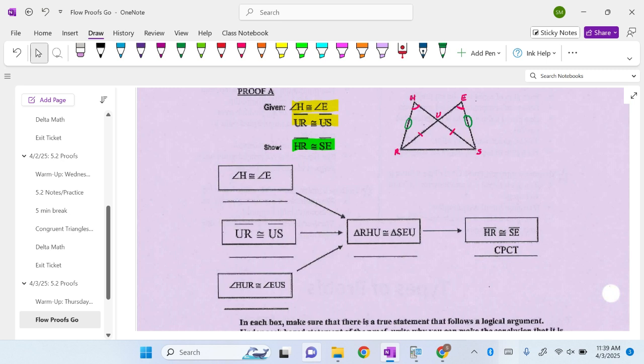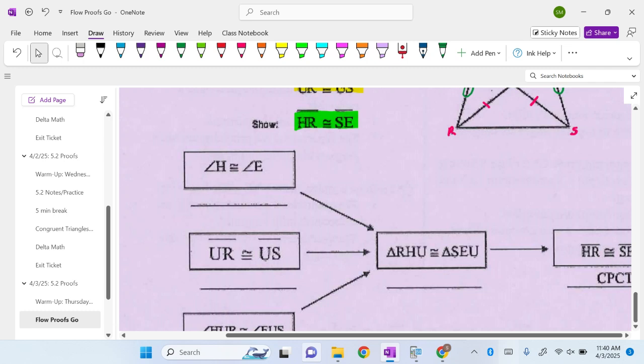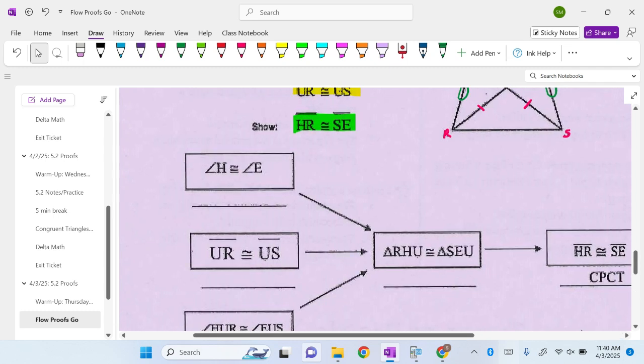All right. So in other words, it looks like we got to prove that these two triangles are congruent first in order to show that the sides are congruent. Because if the triangles are congruent, then of course the sides are congruent because they're corresponding sides of the two triangles. All right. Now, for the reasons, the easiest reasons ever are the ones that are given to us.